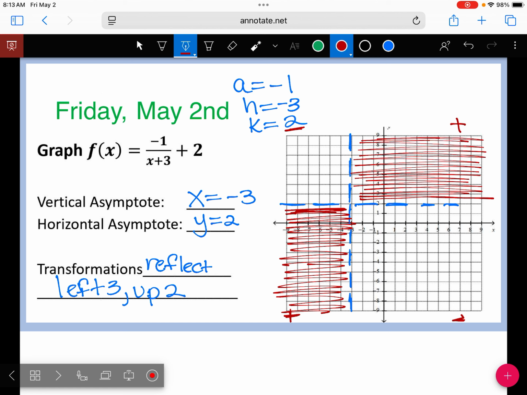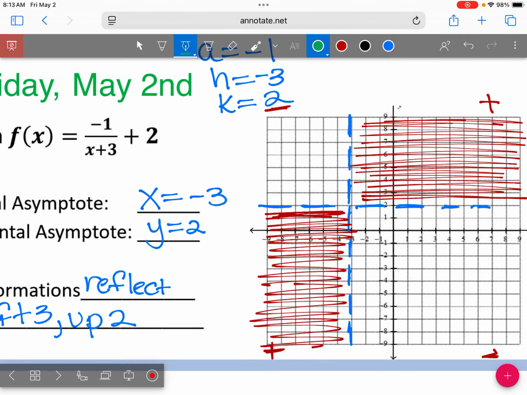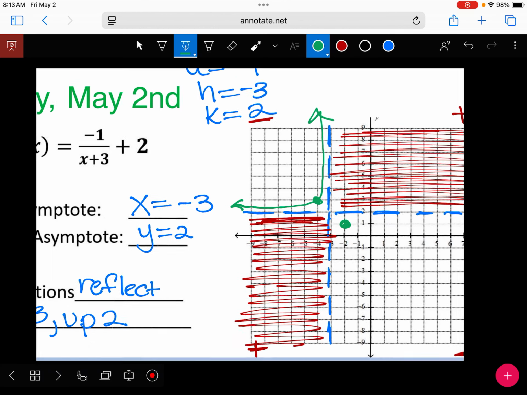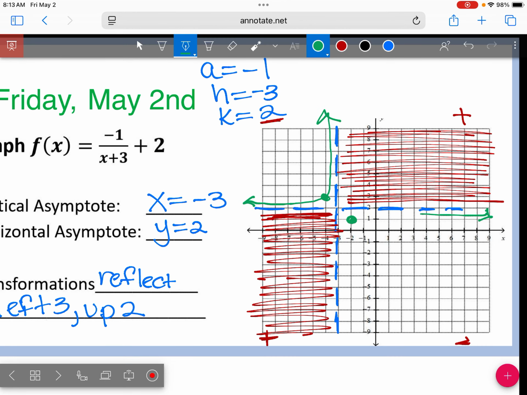And because A is -1, I'm only going to be able to put down 1 point because those points overlap. So I have a point here. And then I'll also have a point here. And that's it.